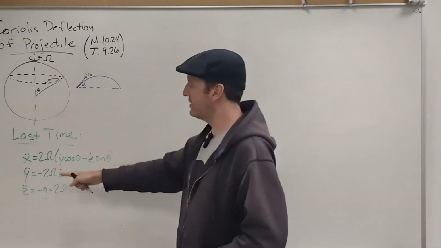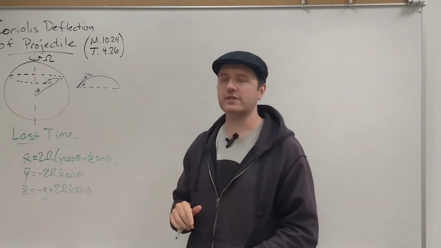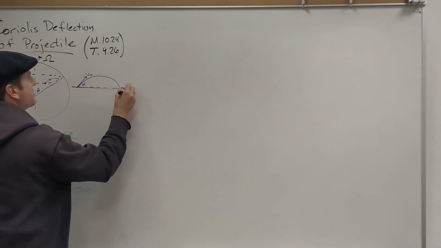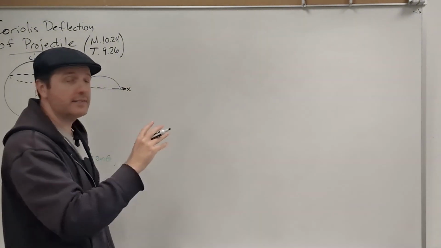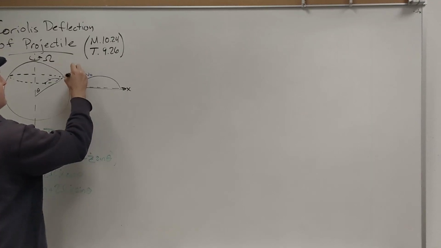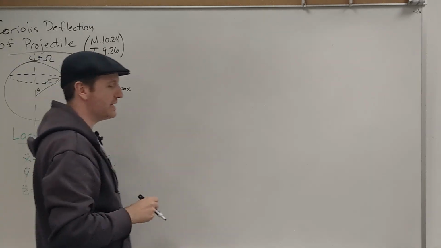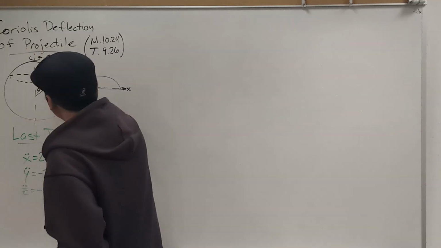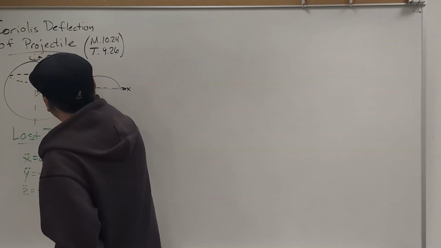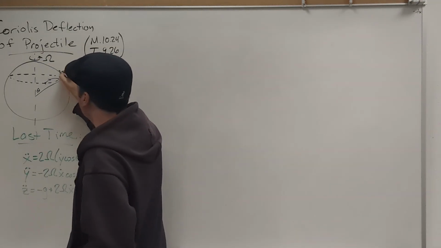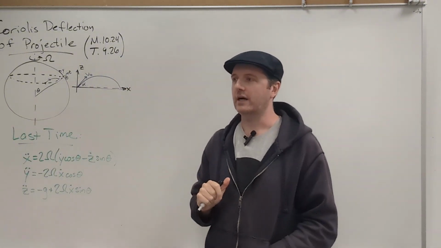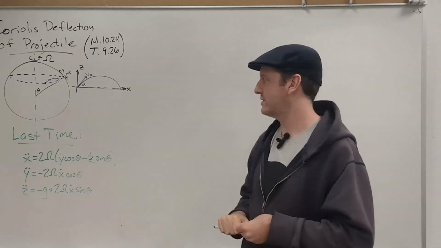So our local Cartesian coordinate system x, y, and z has the x direction being east in the positive sense, the vertical direction being z, the radial direction on the Earth. And if z is up and x is into the board, then y will point north. That's to make sure we have a right-handed orthonormal coordinate system.